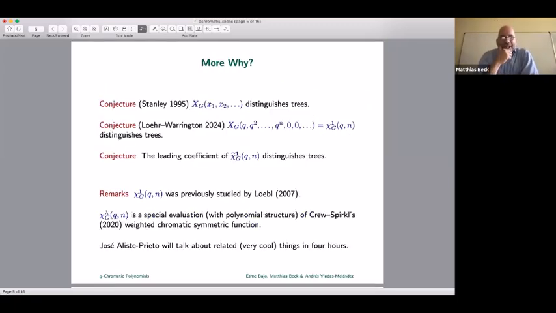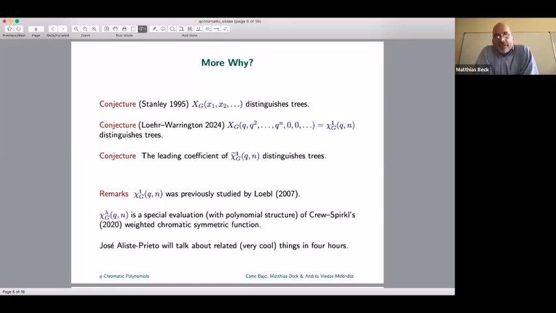Okay, so here is the main conjecture in the chromatic symmetric function world. This was in the original Stanley paper: the chromatic symmetric function distinguishes trees. I'm not sure if this is the first reference of this refined conjecture, but it's the first I'm aware of. It's a paper by Nick Loehr and Greg Warrington that appeared just this year.